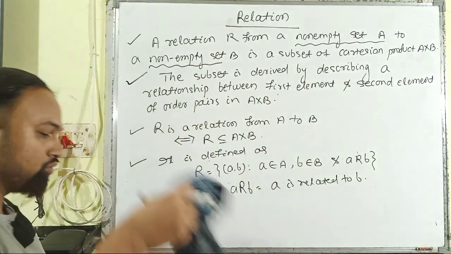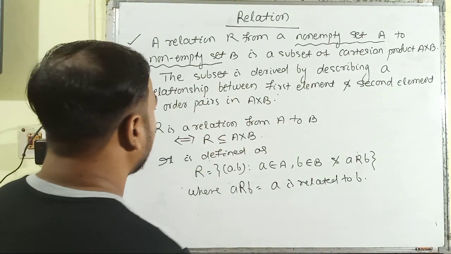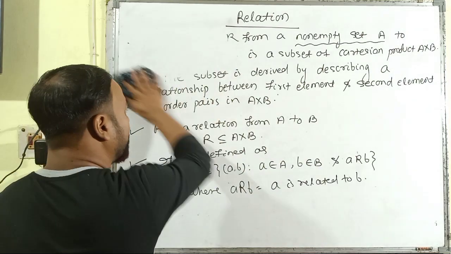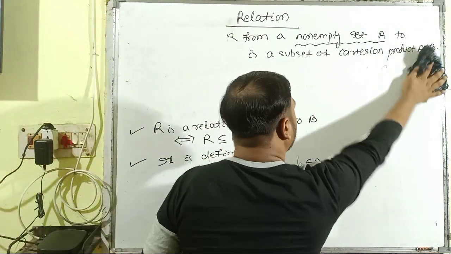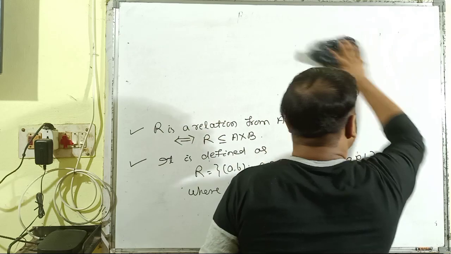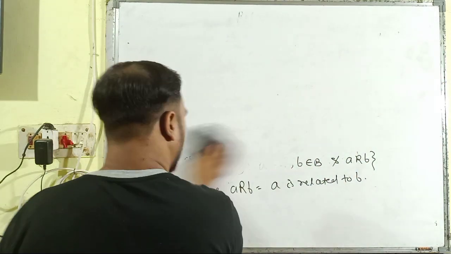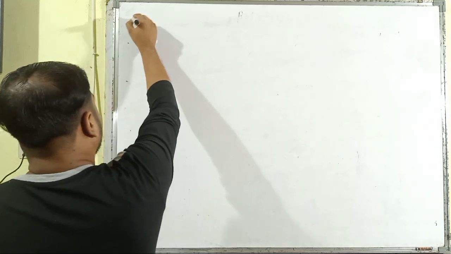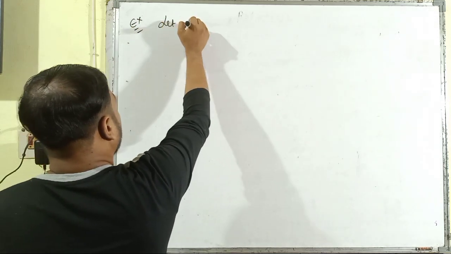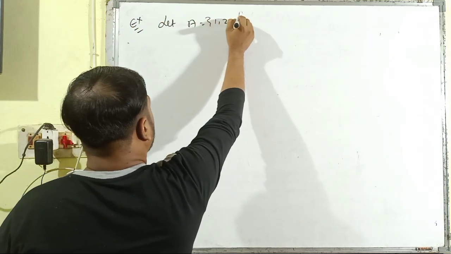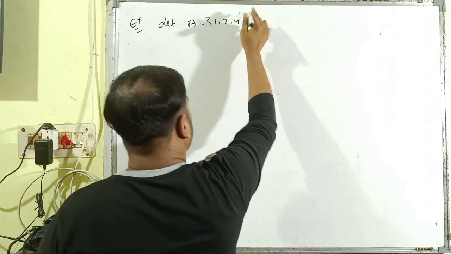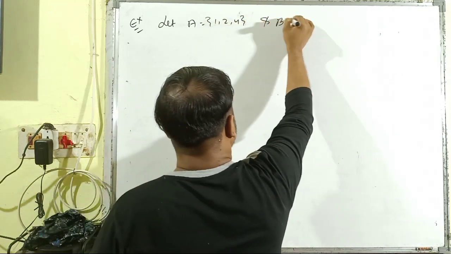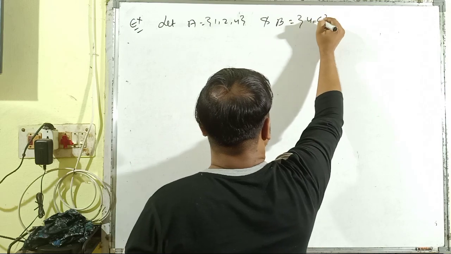Then let us move towards some of the examples based upon the relation. Let set A is equal to {1, 2, 4} and set B is equal to {4, 6}.